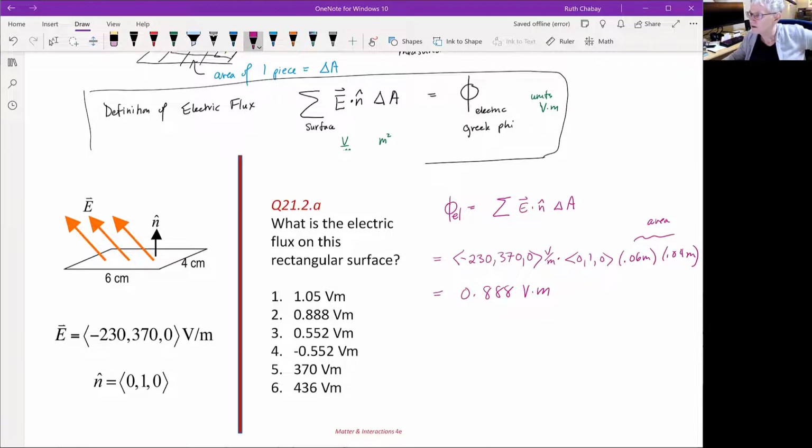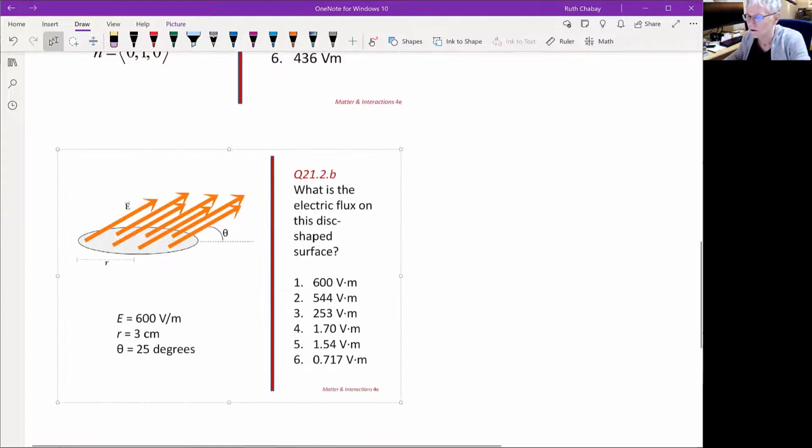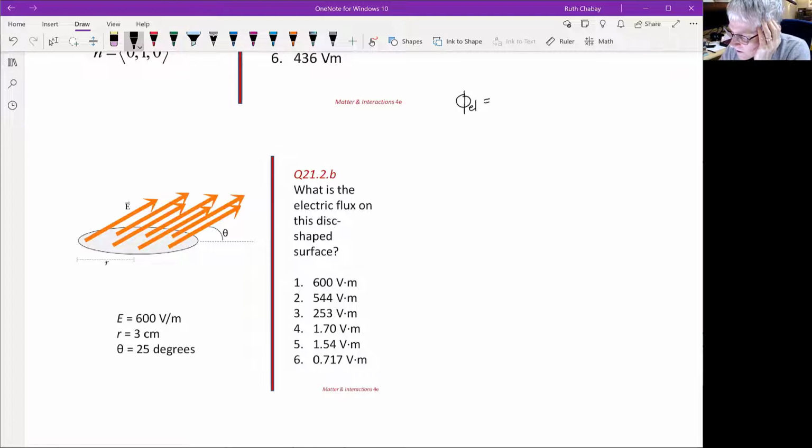Okay, let's try one more. So here we have a disc-shaped surface, and let's write our equation here again. The electric flux is the sum of E dot n hat delta A. And remember that the dot product can be evaluated two ways, right?